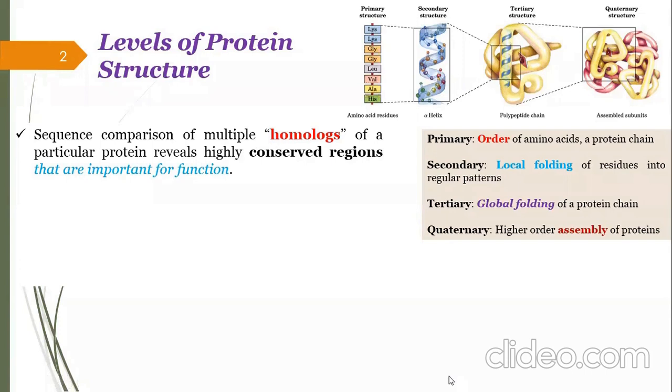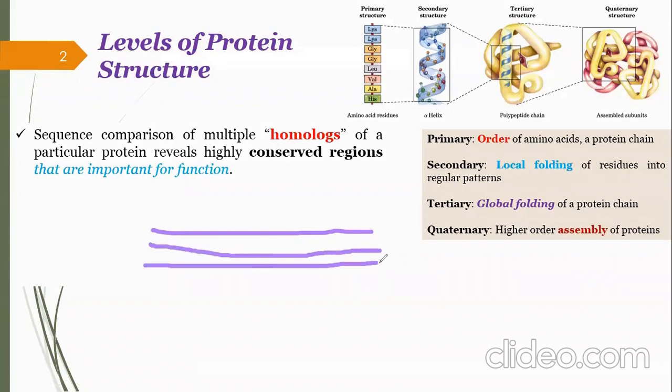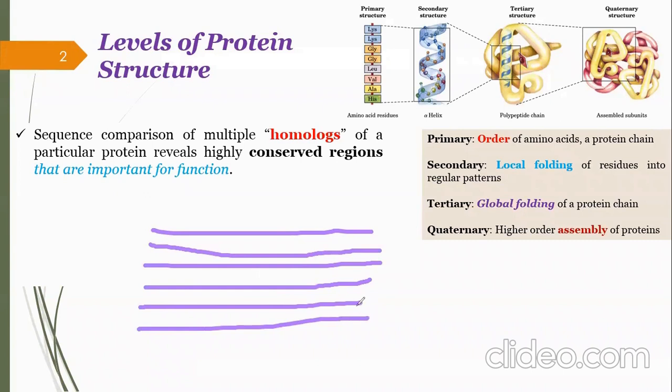If I want to know the conserved or an important region within this protein sequence, I will align similar sequences, like different isolates of this sequence. And once I align them, I would know there are certain differences within this alignment.